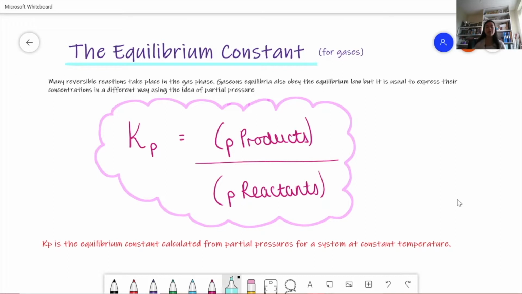So Kp is defined to be the fraction of the partial pressures of the products over the partial pressures of the reactants. This small p here stands for partial pressure. And so Kp is the equilibrium constant calculated from partial pressures for a system at constant temperature.